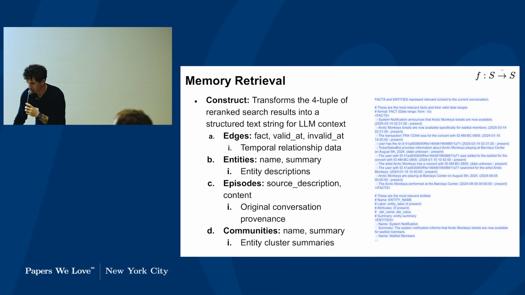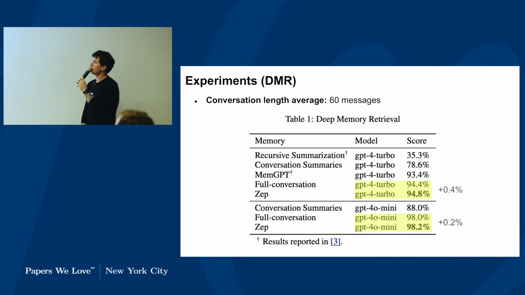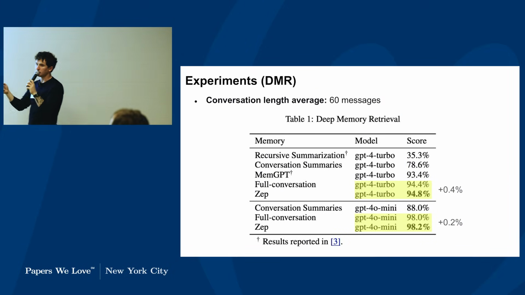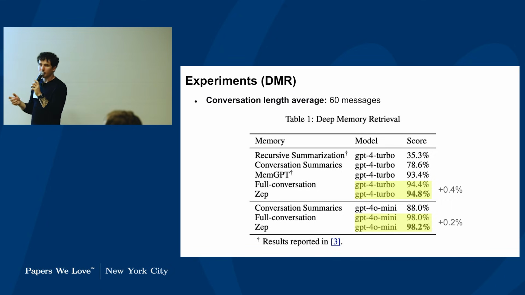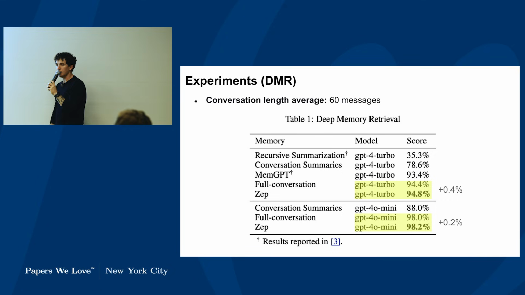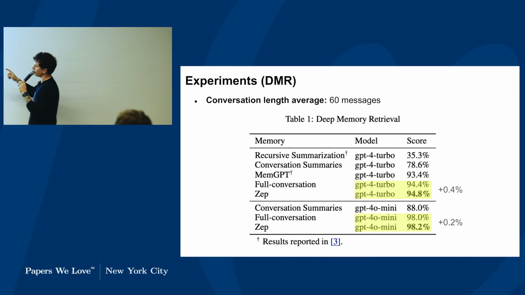Cool. So last section of the paper is experiments. As I mentioned, ZEP tests itself on 2 benchmarks. Number 1, the Deep Memory Retrieval, DMR, and number 2, the LongMemEval, LME. These are, in my mind, 2 of the most relevant benchmarks in AI memory. Glad to see them here. On the DMR, ZEP does not perform very much better than full conversation context.